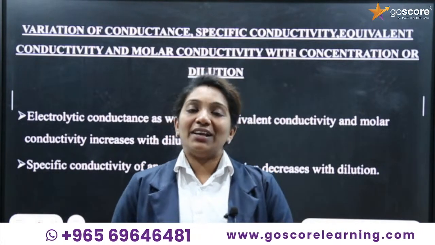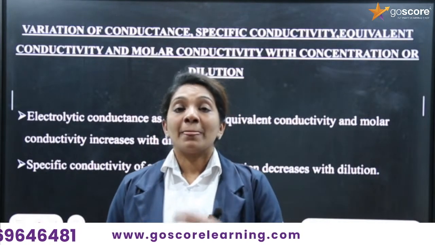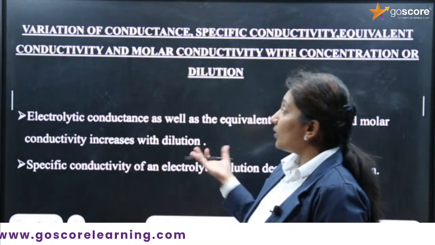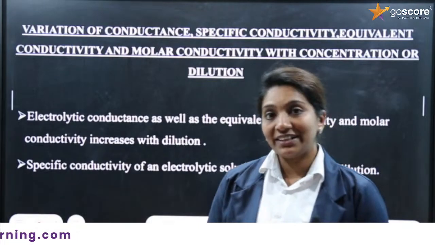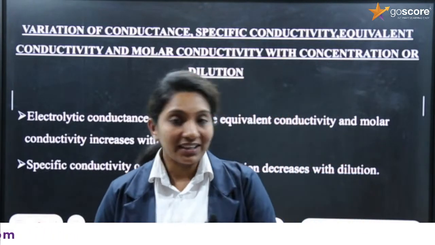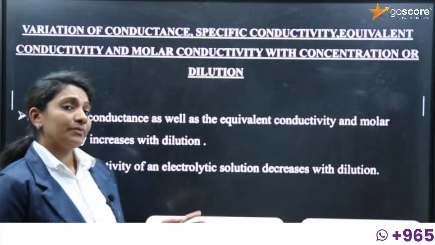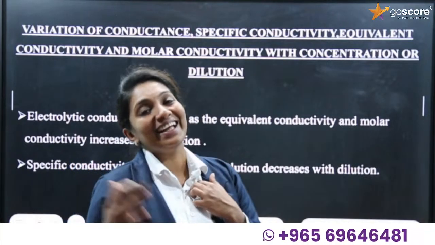So whenever there is a change in the concentration, what will be the effect or what will be the variation in this conductance, molar conductance, equivalent conductance and conductivity and all. Okay.